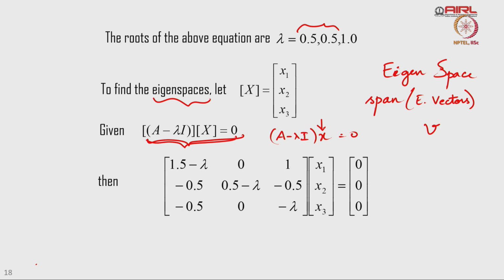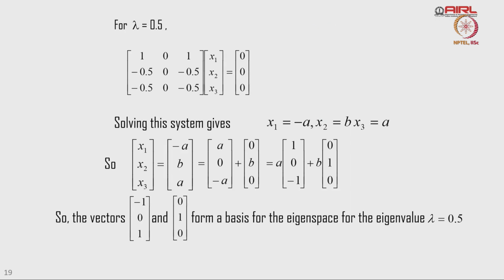We expand this and we multiply it out. If we substitute lambda equals 0.5 in that equation and solve the system of equations, we will get two vectors, 1 0 minus 1 and 0 1 0. These form the basis for the eigenspace corresponding to the eigenvalue lambda equals 0.5.